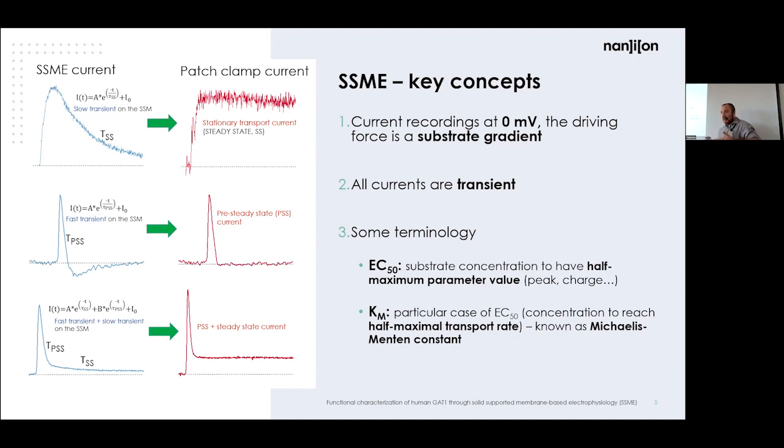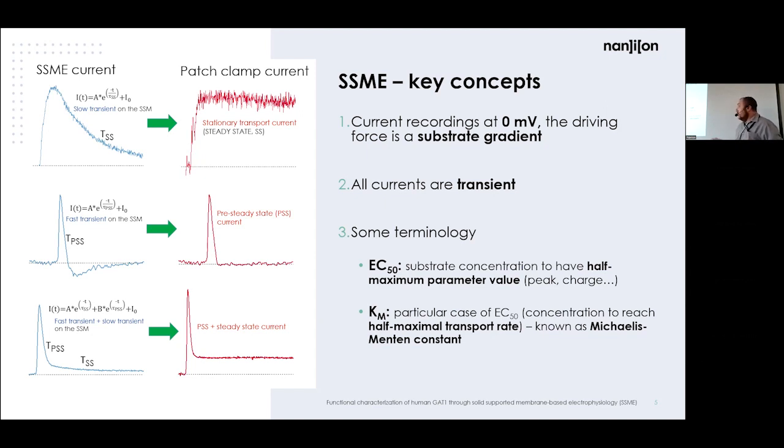So we have basically charges that are crossing the electric field of the membrane, but not in a dynamic equilibrium as the transport is. Or we can have a more complicated situation like the one that you can see below. So basically, we can have a combination of pre-steady state currents and transport currents.